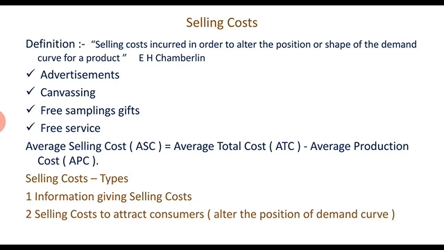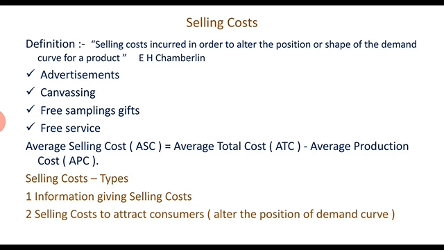Selling costs to attract consumers. These types of selling costs mainly focus on changing the tastes and preferences of consumers and trying to alter the position of the demand curve.